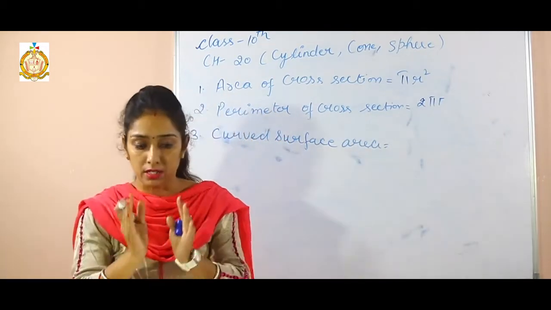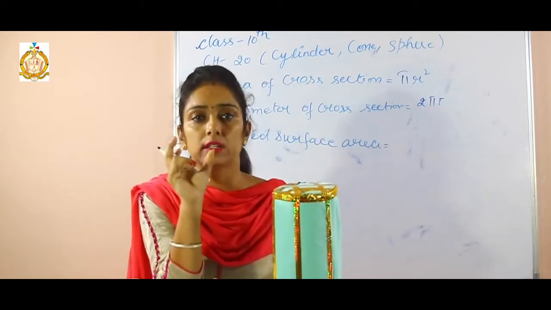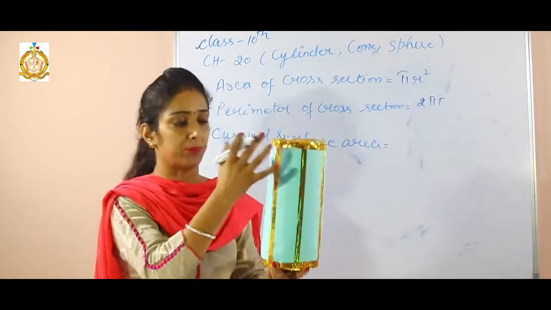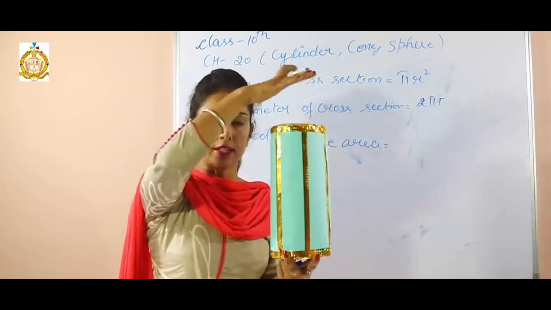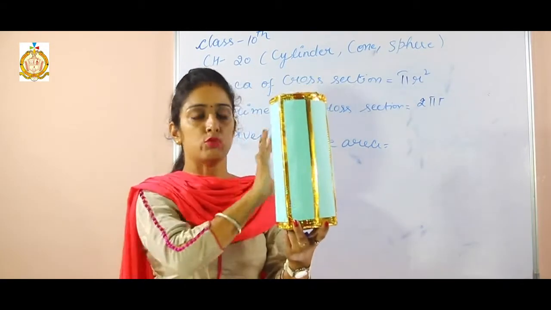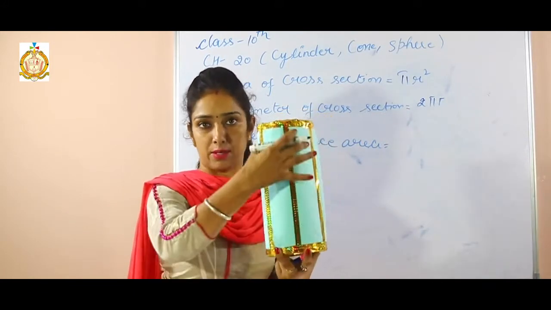Now, in curved surface area, when we have to find the curved surface area of a cylinder, then we have to find the area of this part. Not this upper and lower, we just have to find the curved surface area, that part, right?